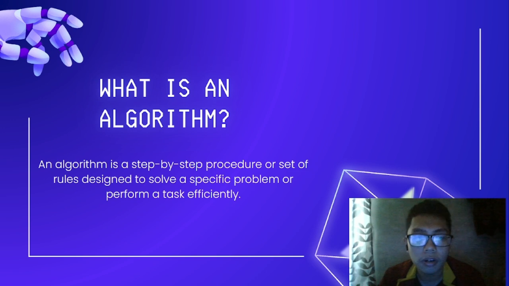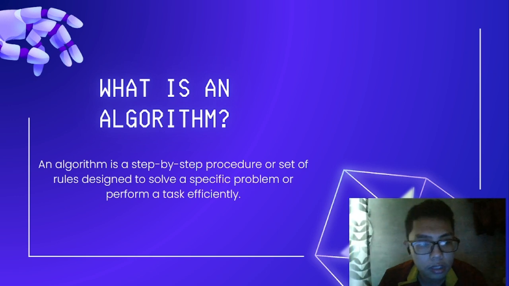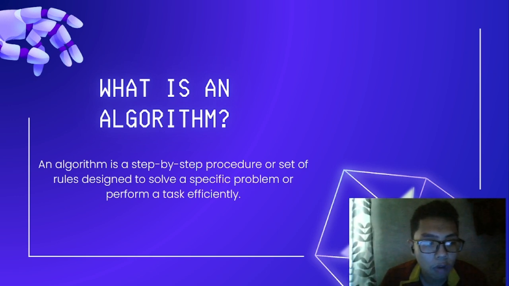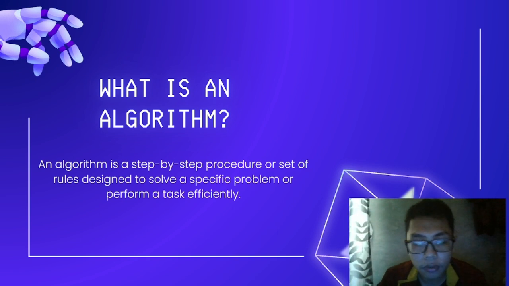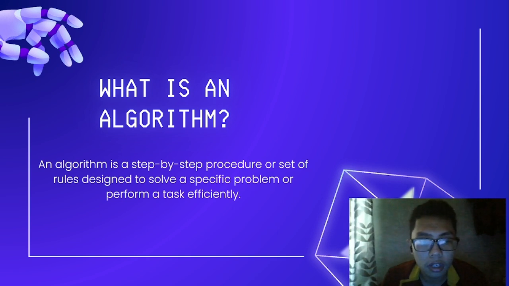What is an algorithm? An algorithm is a series of instructions or steps followed to solve a problem. Think about it. We use algorithms every day, even if we don't realize it.